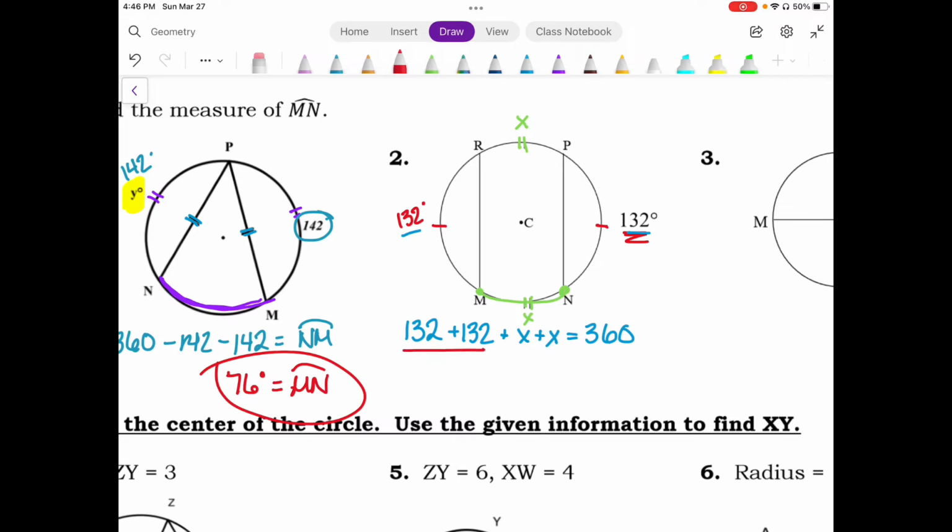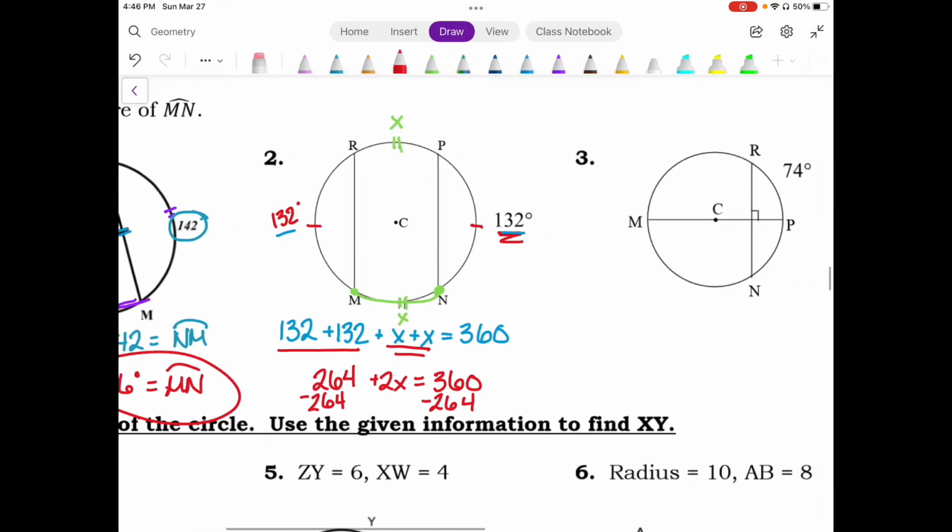We are going to add our like terms. So 132 plus 132 is 264. And then x plus x is 2x. That's equal to 360. We'll go 360 minus 264, so minus 264 minus 264.